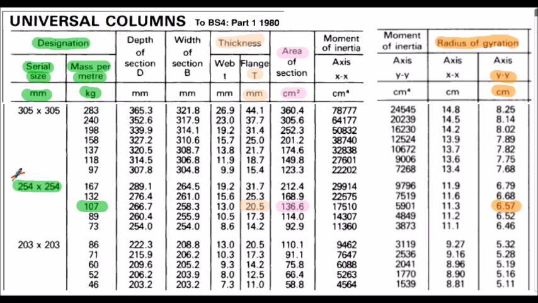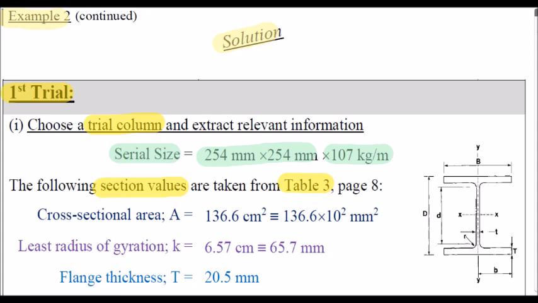For a 254 by 254 by 107 kilograms per meter section, we can read the flange thickness T is 20.5 millimeters. The cross-sectional area is 136.6 centimeters squared. And the least radius of gyration is 6.57 centimeters. And here are the values stated.